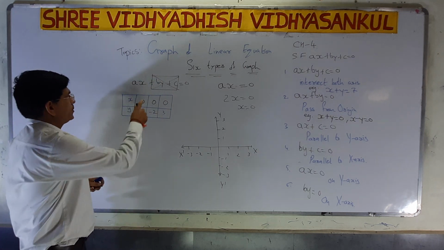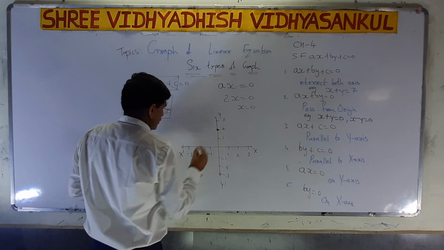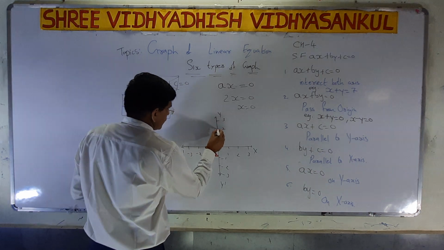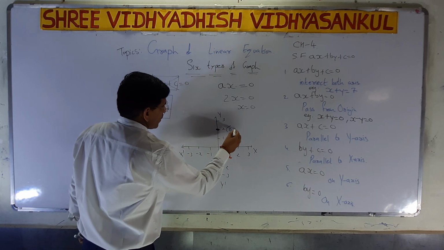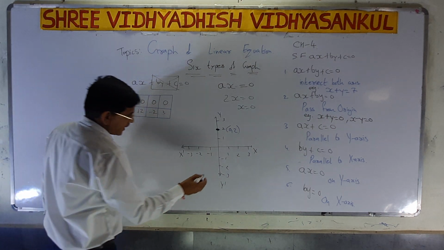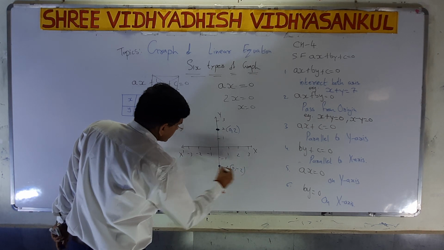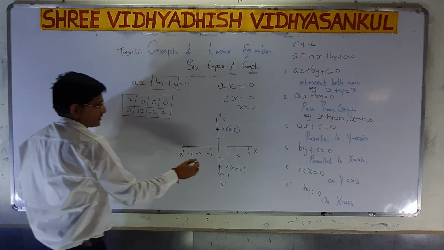Now the first value is 0, 2. So x is equal to 0, so we have to put it on the y-axis. Here I have to write 0, 2. Now 0, minus 2. So I have to write it here, 0, minus 2. We can also write 0, 0. So here it is.